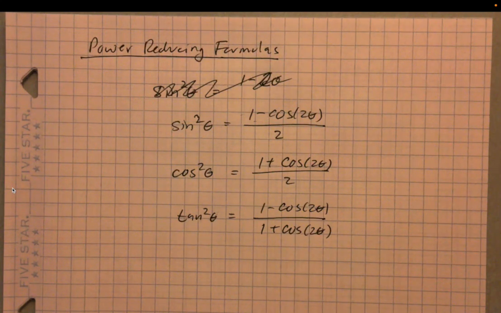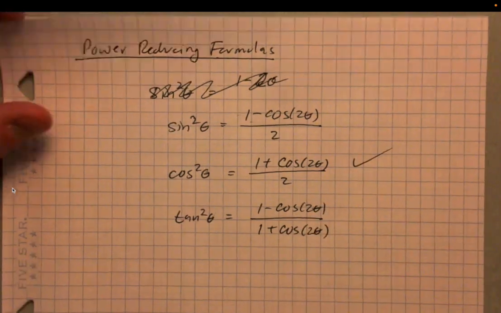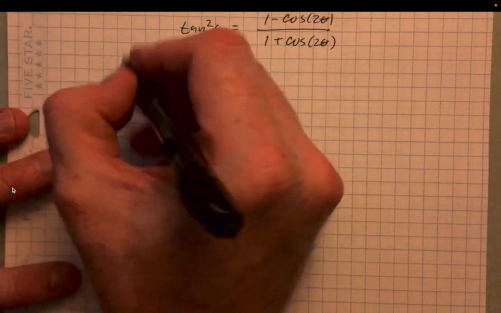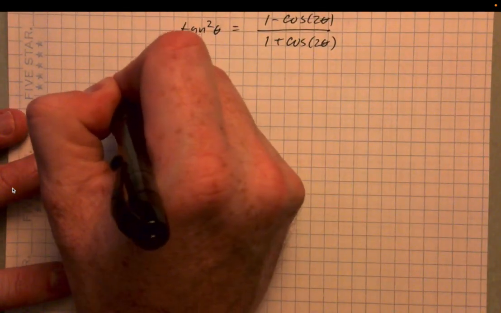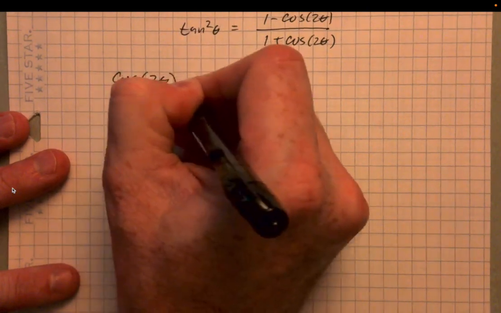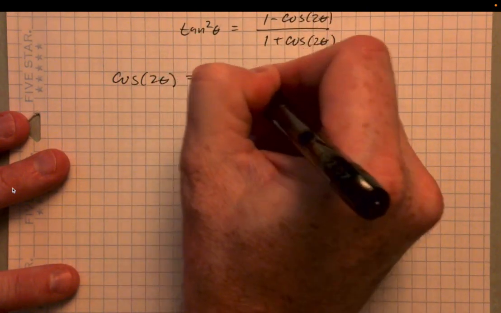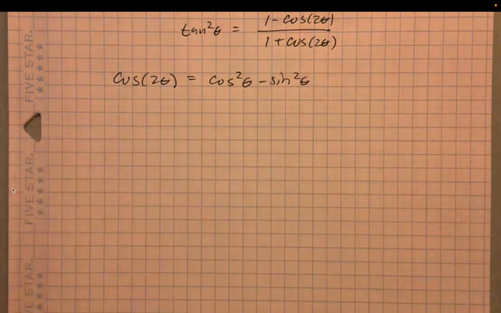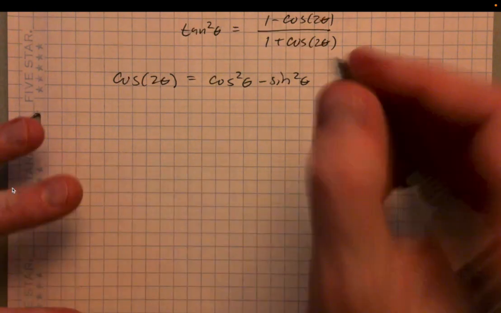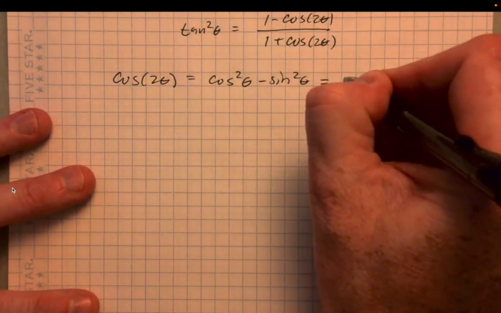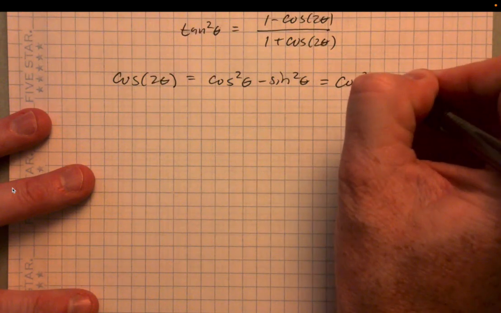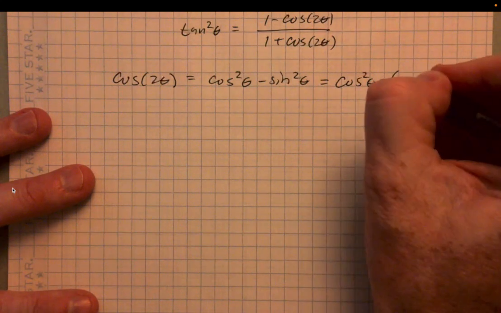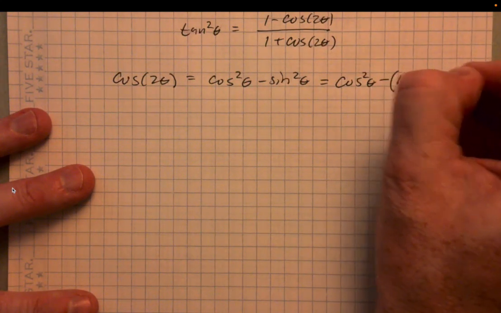And so let's derive the cosine in this case. Let's derive this cosine. So we know that the double angle formula for cosine says that cos 2 theta is equal to cos squared theta minus sine squared theta. Okay, and we know that that's equal to cos squared theta minus, now instead of sine squared theta, I'm going to plug in the Pythagorean identity here, and I'm going to say 1 minus cos squared theta.